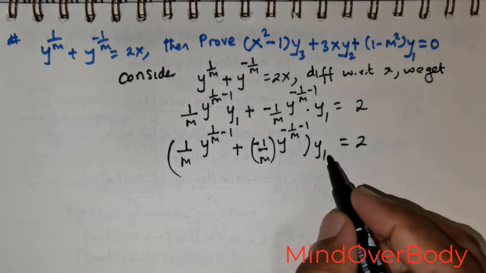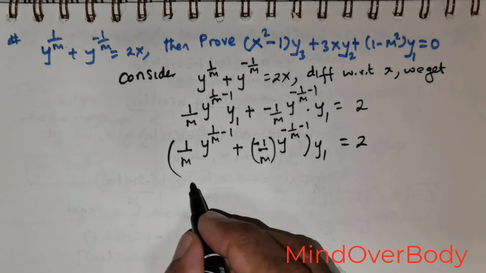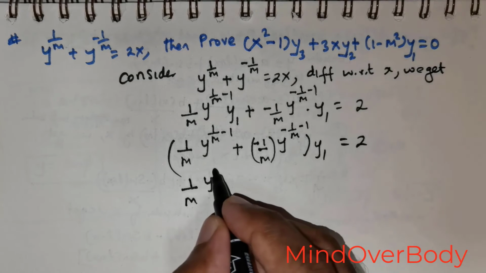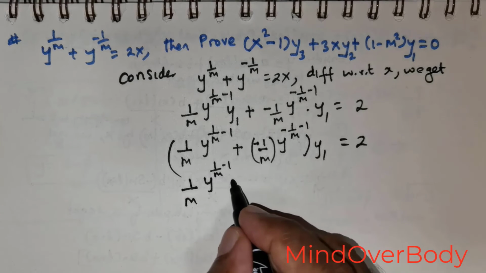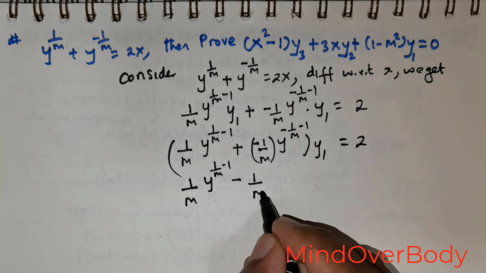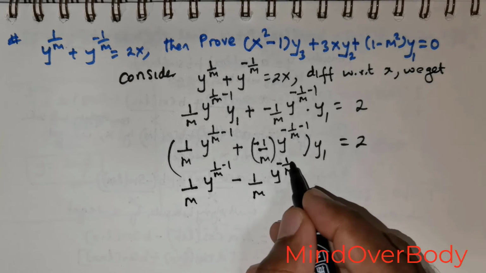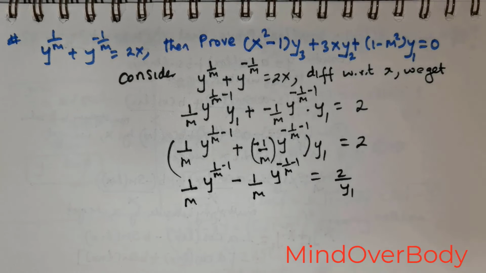Next, I would like to move this y1 to the right hand side. So that would give me 1 over m times y raised to the power of 1 over m negative 1. Positive times negative is negative 1 over m times y raised to the power of negative 1 over m negative 1 is equal to 2 times y1.